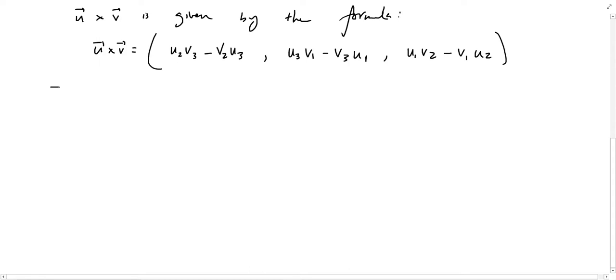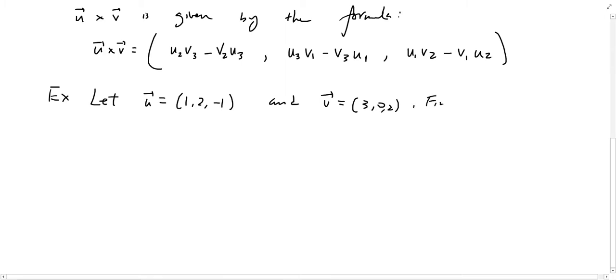So let's start with a very basic example. How about this one? Let's say we're going to let vector u equal to 1, 2, negative 1, and vector v equal to 3, 0, 2. And I'm going to just simply ask you to find u cross v.